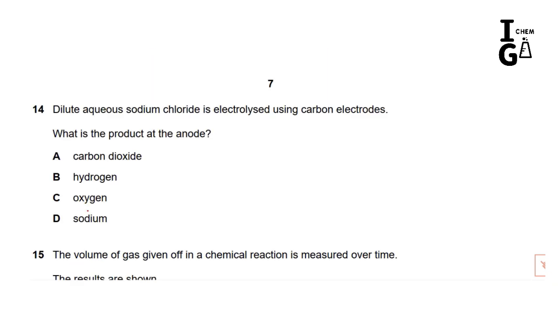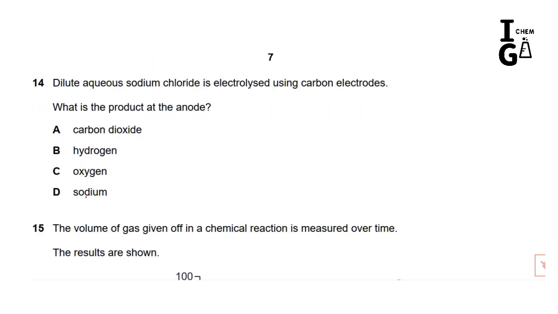This is question 14. Dilute aqueous sodium chloride is electrolyzed using carbon electrodes. What is the product at the anode? Here we have, guys, again, this is dilute. Take care of everything. Dilute aqueous sodium chloride. So here we have again 4 species.